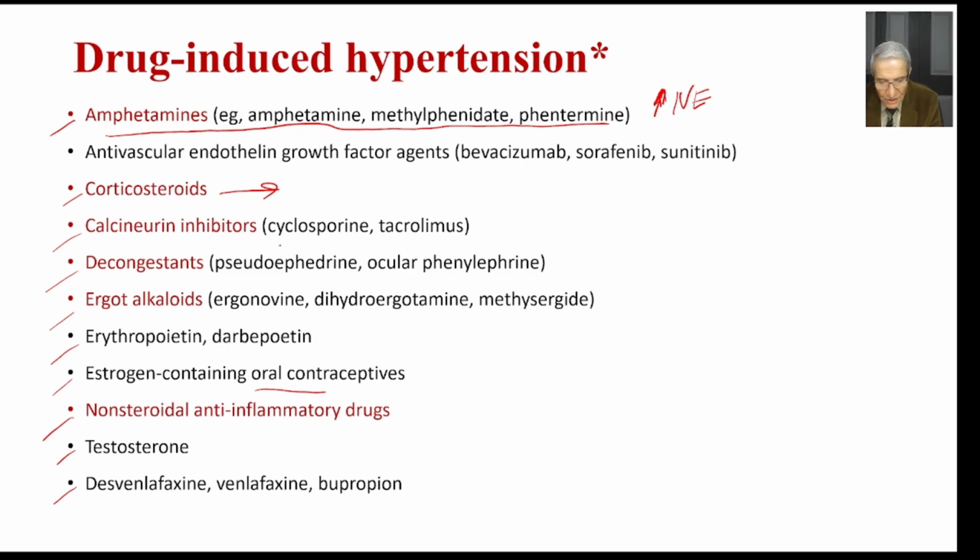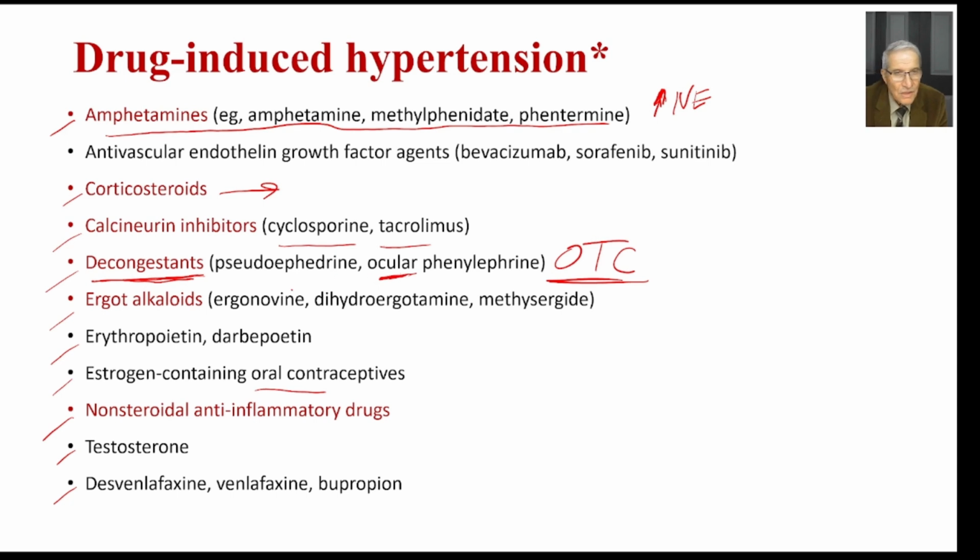Calcineurin inhibitors such as cyclosporin and tacrolimus, which we discussed, are used for dermatitis and psoriasis. Decongestants are very important medications because they are popular and OTC, with no need for prescription, such as pseudoephedrine and ocular phenylephrine. Someone may ask, do ocular eye drops cause hypertension?